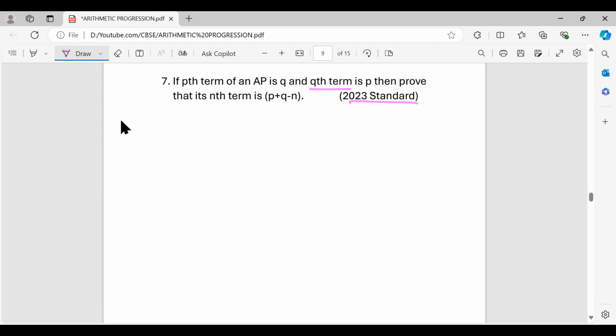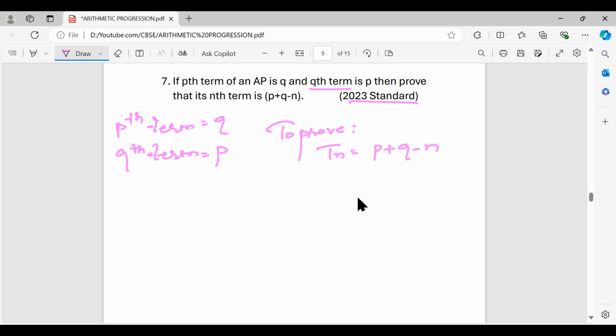As it mentions, your pth term is Q and qth term is P. To prove: nth term Tn is P plus Q minus N. Now let's work on this. We can assume, let the first term be A.